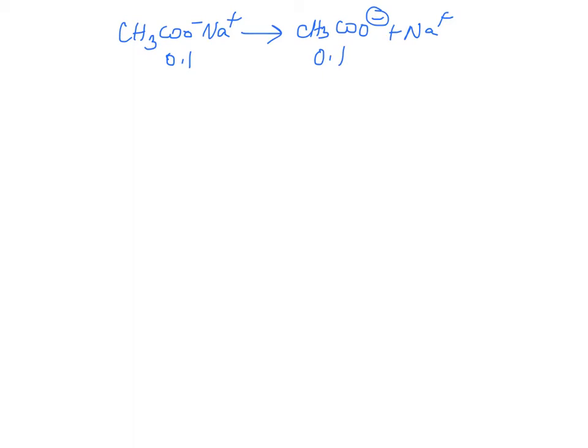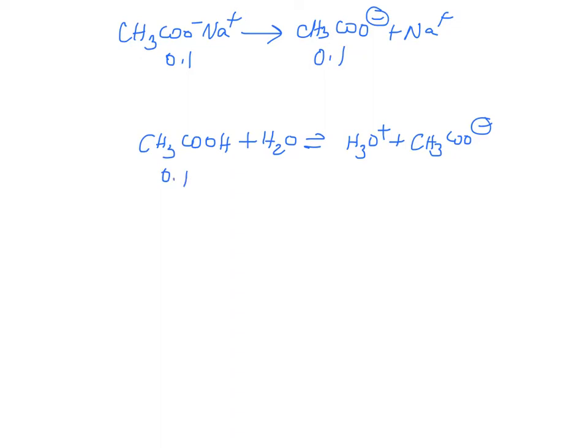We took acetic acid. So that's my main ionization: acetic acid plus H2O, giving you hydronium and acetate. Essentially, the acetic acid initial concentration is 0.1.